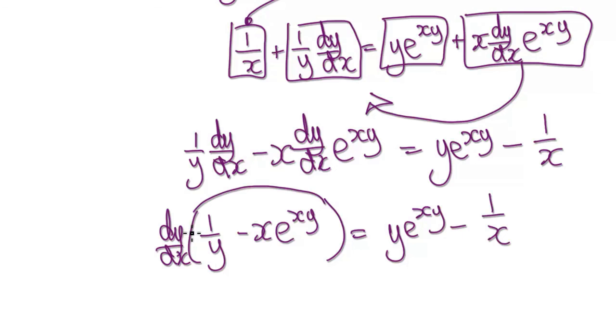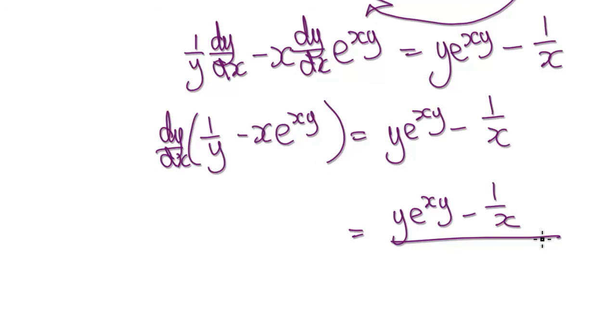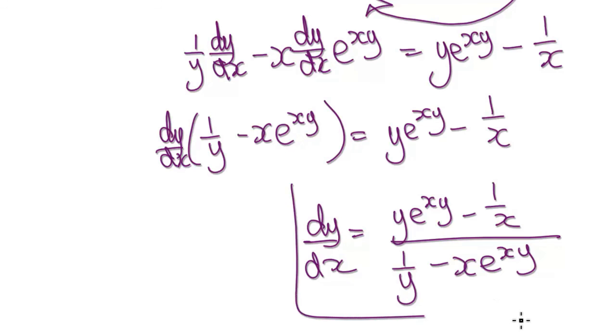So let's divide both sides by this thing here. So that will be y e to the power of xy minus 1 over x, all divided by 1 over y minus x e to the power of xy equals dy by dx. So this is our answer.